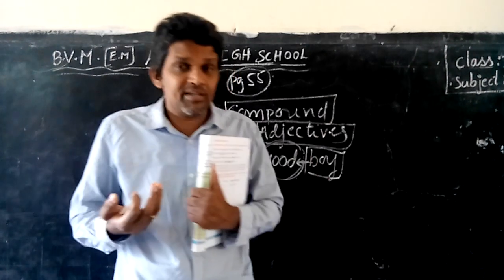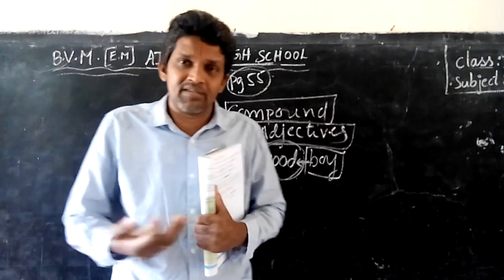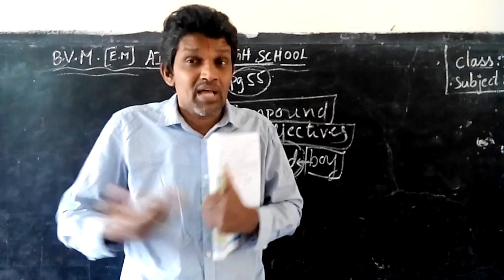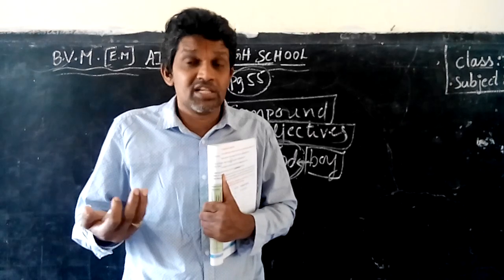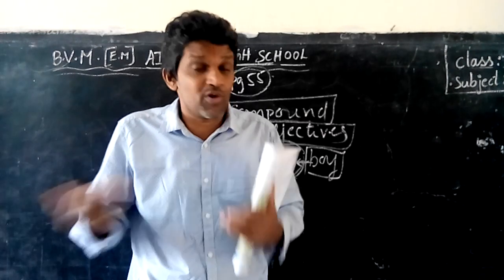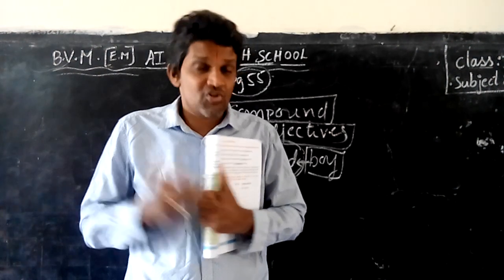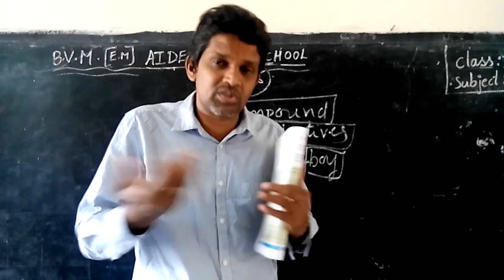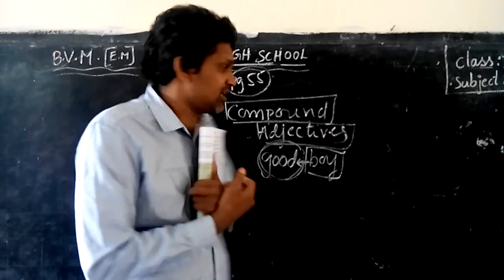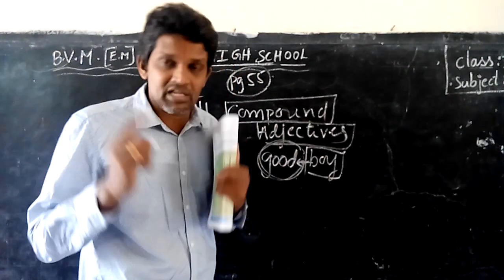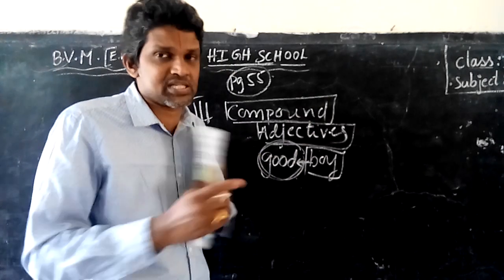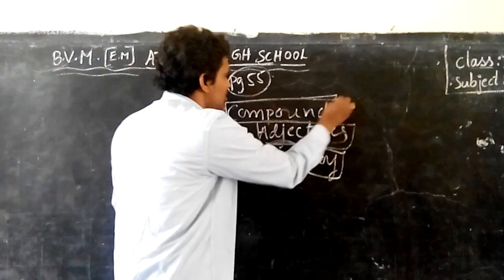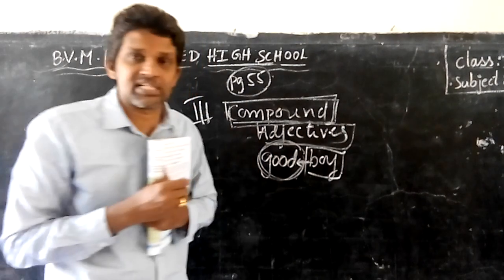So in speaking, you want to express something in your words. At that time, one adjective may not be sufficient. So we have to join 1, 2, 3 adjectives together to describe a particular noun, an object or a person. Those are called compound adjectives.